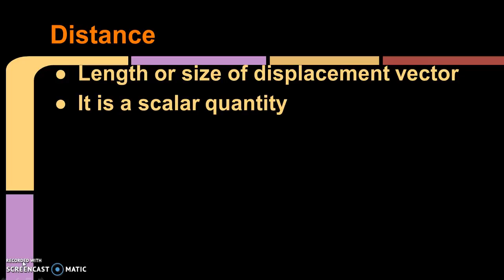When we then augment that distance with a direction, we have the vector displacement. Much of what we're talking about is to distinguish between distance and displacement. One is a subset of the other. Distance is the magnitude of displacement. Displacement is a vector and must have both distance and direction.